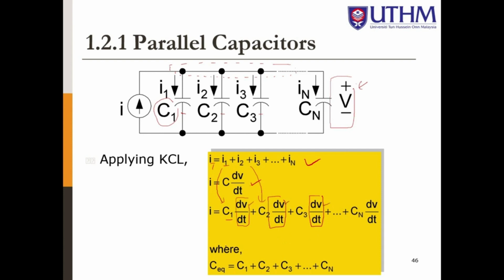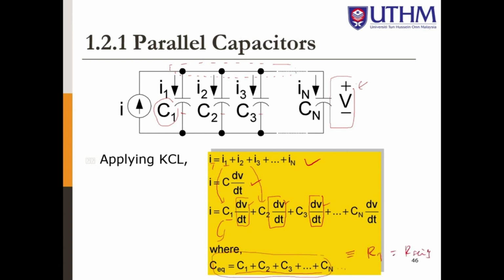So from here, we can simplify the capacitors into C equivalent, which equals C1 plus C2 plus C3 and so on up to Cn. If you look into this equation, this is similar to resistors in series.